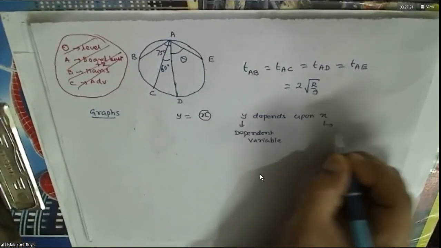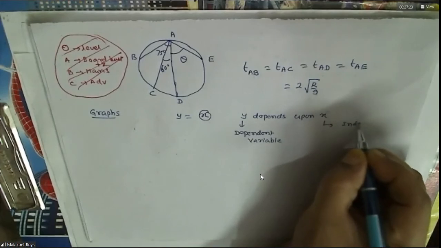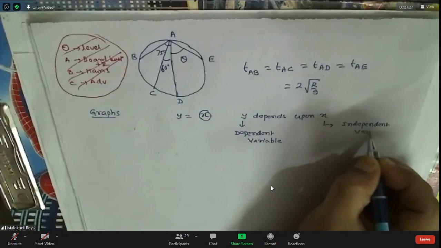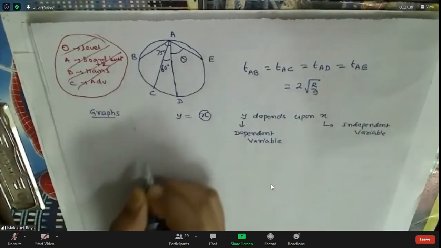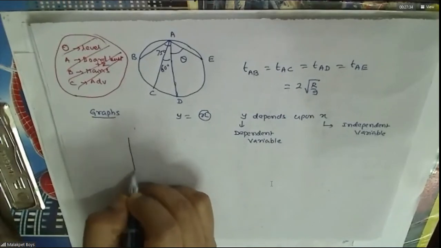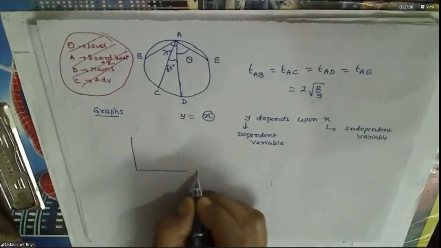And what is x? Independent variable. Now, when we draw a graph, we usually take the independent variable here.